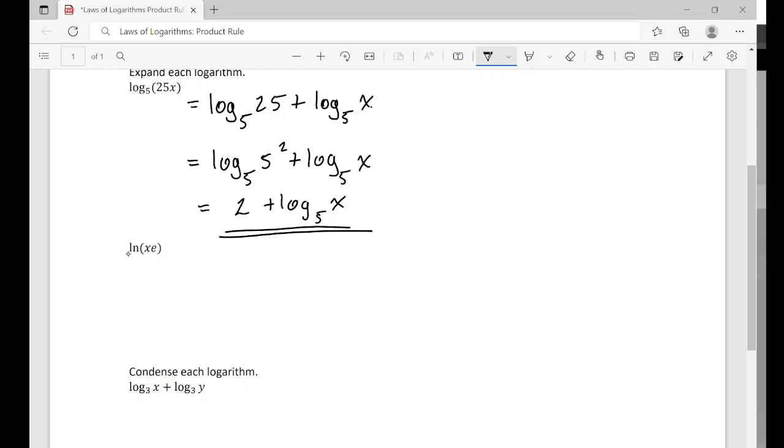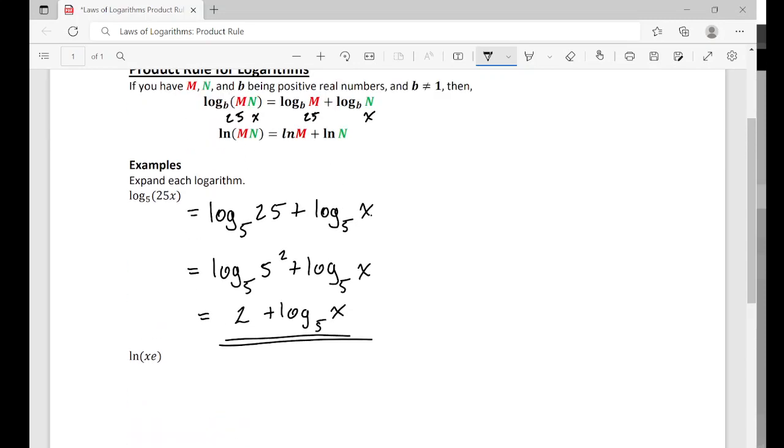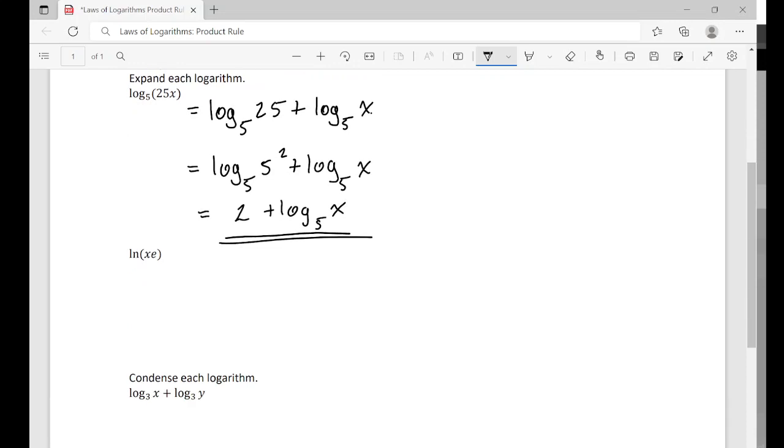Next we have ln of x times e. And so here x and e are multiplying. So just like with before, I have my x, which is the m, and e, which is the n. So when I separate it, I'll have ln x plus ln e, because everything gets an ln, separated by an addition sign.